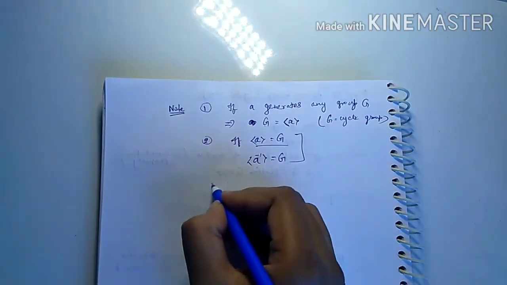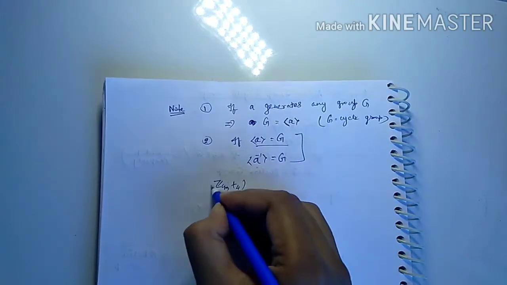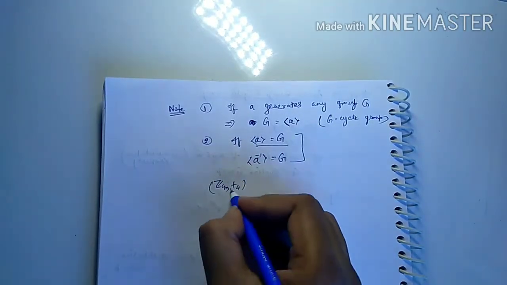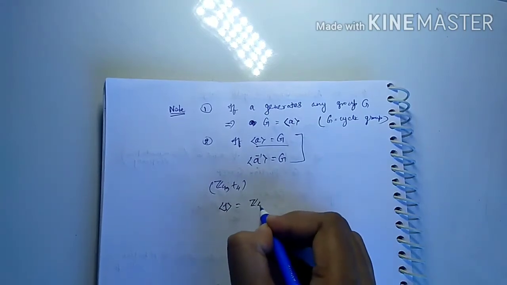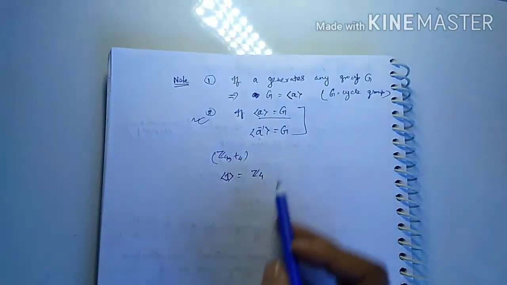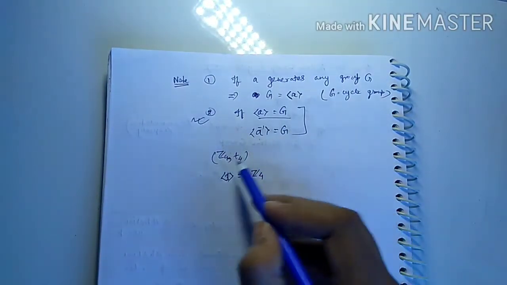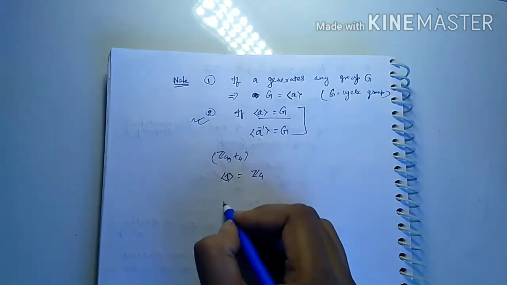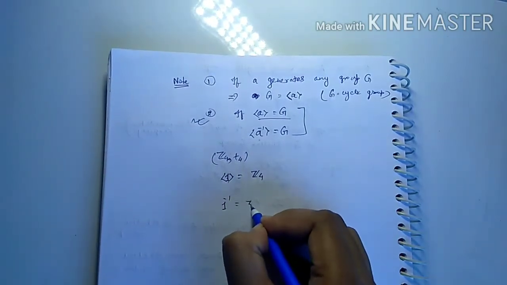From the previous example Z4 with respect to addition modulo 4, we proved that 1 is the generator of this group, and from this note, the inverse of 1 will also be a generator of this group. So the inverse of 1 is 3.